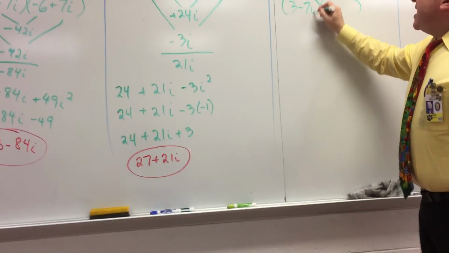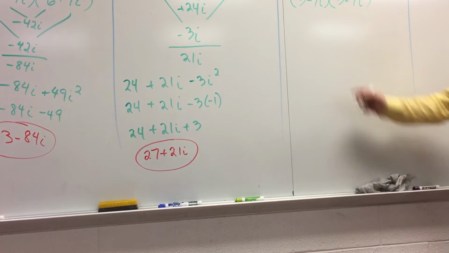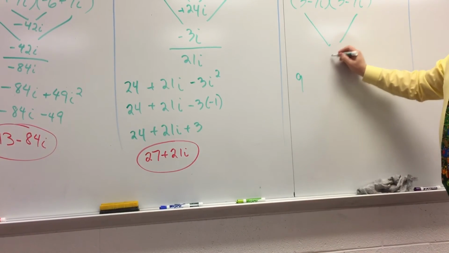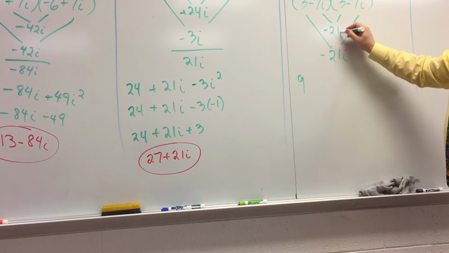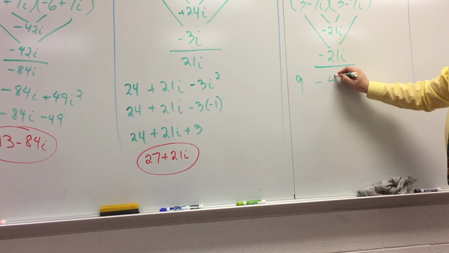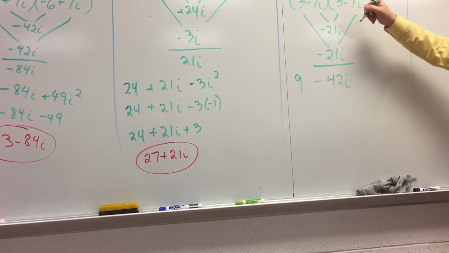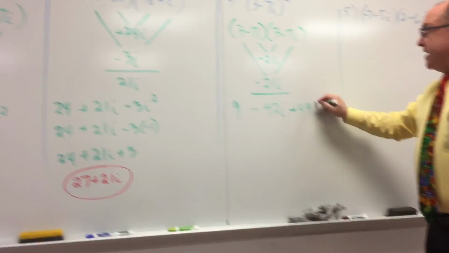One more time. 3 minus 7i. 3 minus 7i. First, 3 times 3 is 9. Outer, minus 21i. Inner, minus 21i. Add them together. Minus 42i. Last, negative 7i times negative 7i is plus 49i squared.